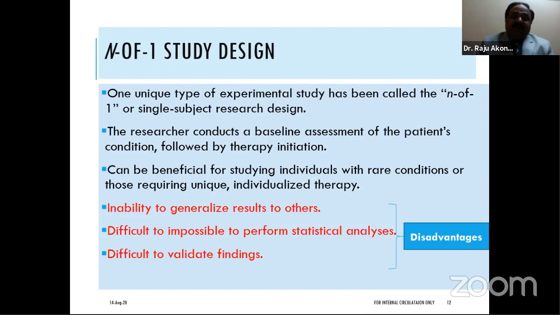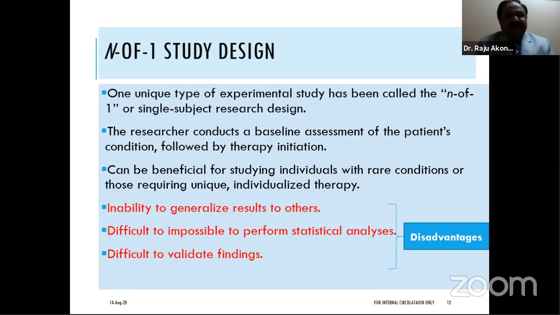So you need to read more about the methodology, about the type of study design they used, in order to understand whether we can extrapolate these results to our population or not.